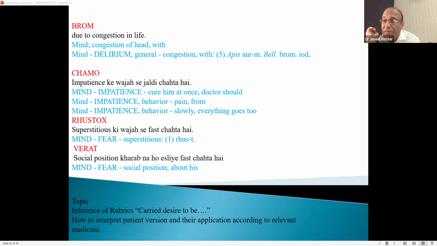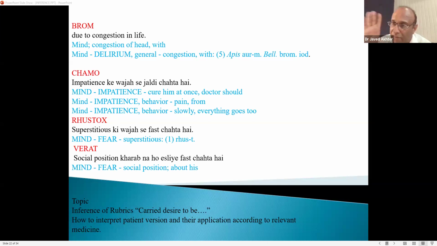Superstitious cases. Doctor, get me out of this situation, because I am being chased by something. This person has a lot of superstition, fearing that something may happen. This is the Rhus tox reason. The fear is that social position should not be spoiled.